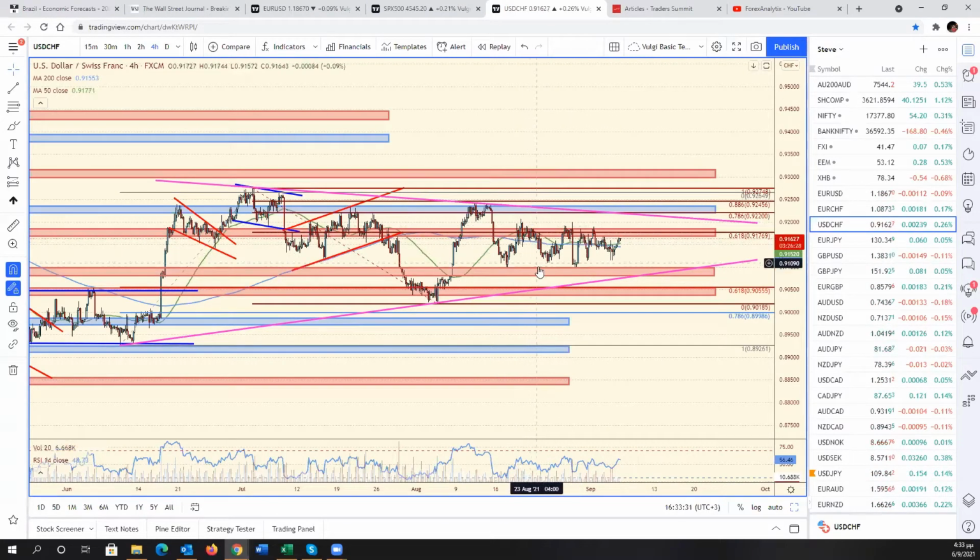But we can even take shorter term levels within this symmetrical triangle, with support being at 91 cents, obviously, right? So 0.91 and resistance being at 91.90. Perfect.